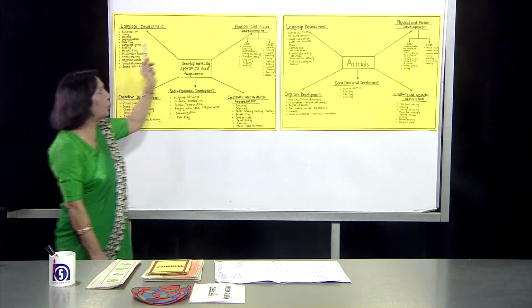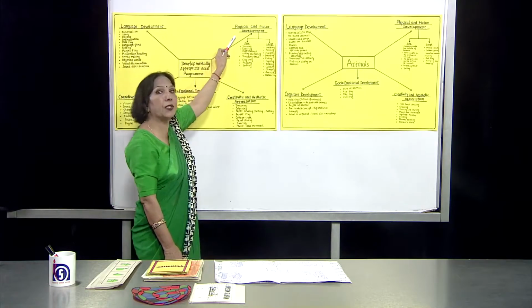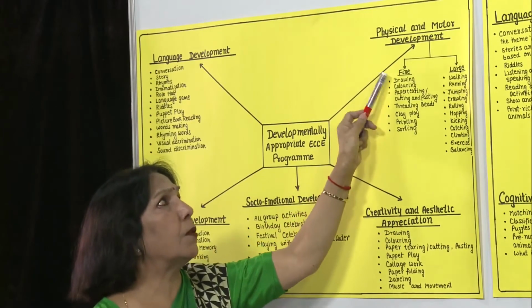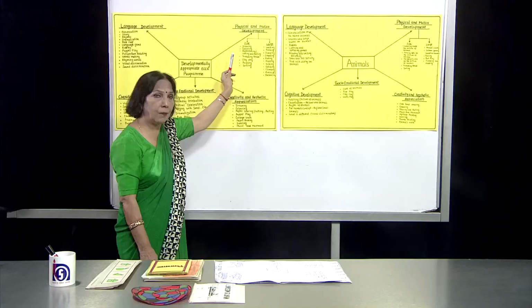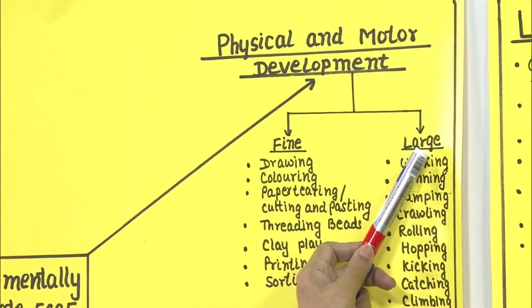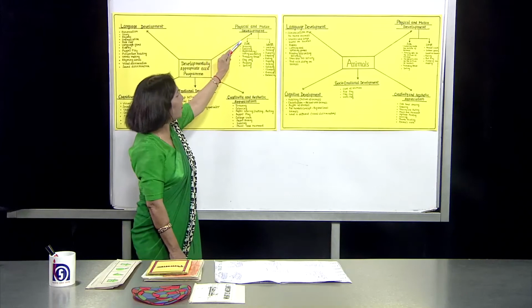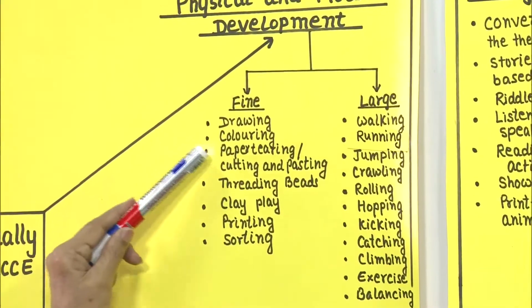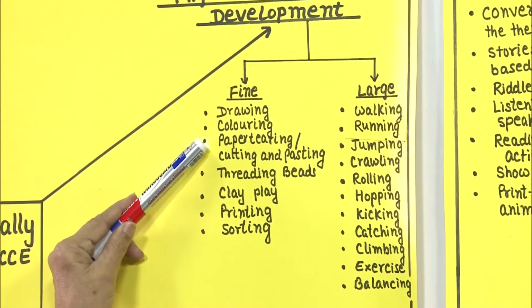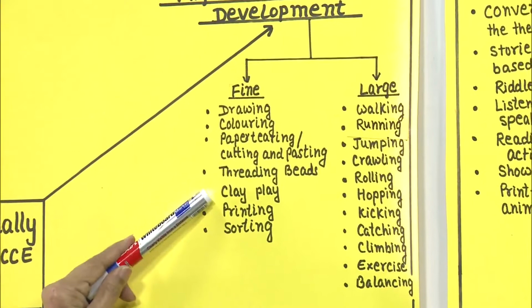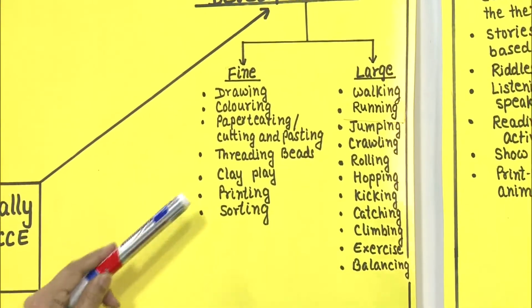Now the second domain, physical and motor development. This is divided in two parts. First is fine motor and second is large motor. For fine motor development: drawing, coloring, paper tearing, cutting and pasting, threading beads, clay, printing, sorting.